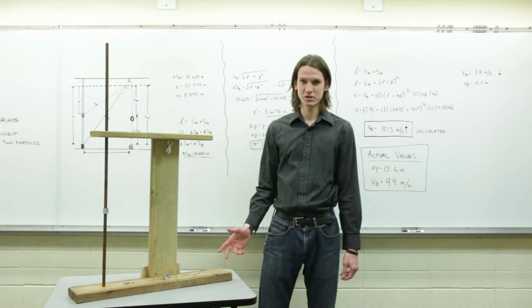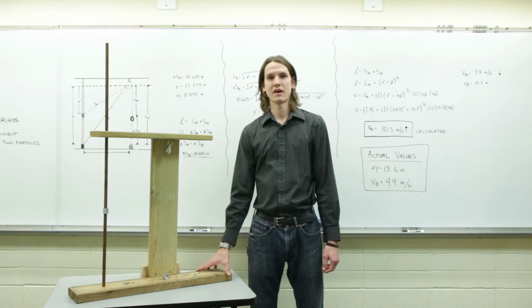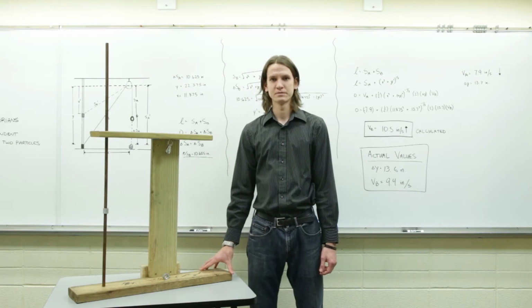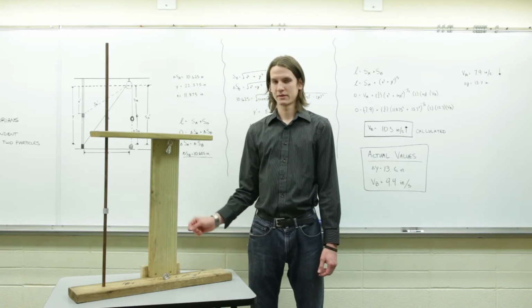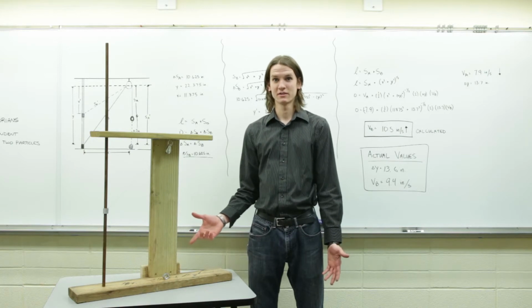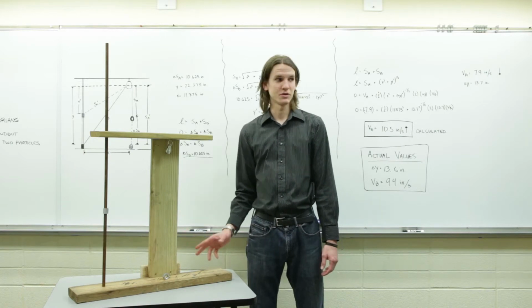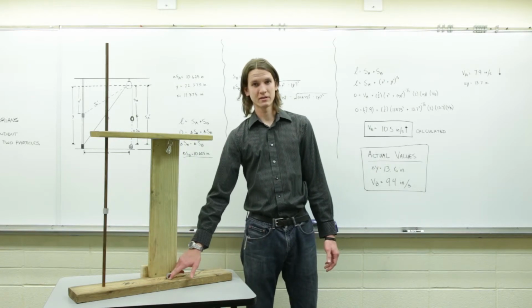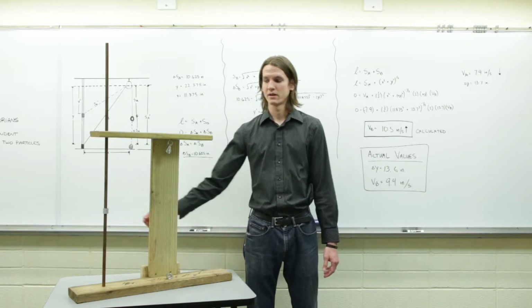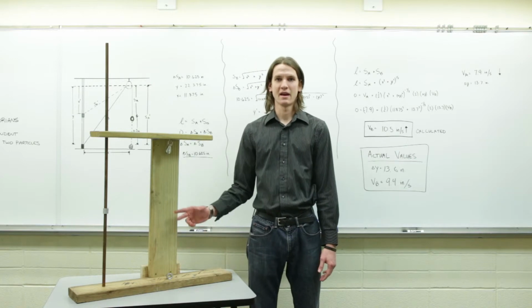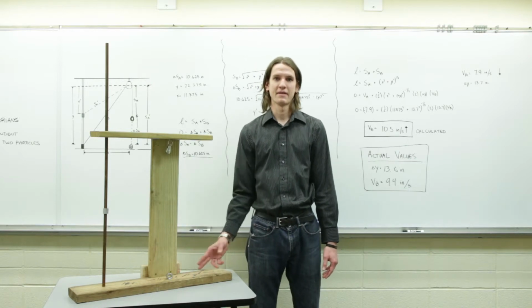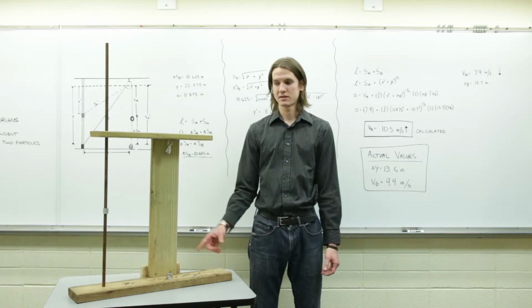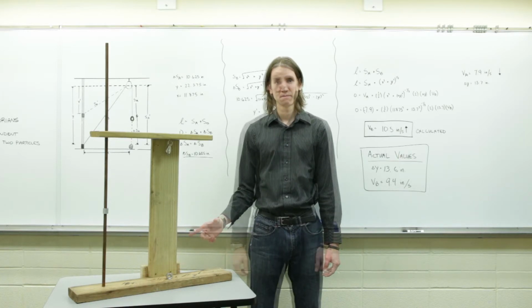To do this, we took the apparatus to the physics lab and used a motion detector to give us the velocity on the computer. We had the motion detector viewing the nut, and we released the sleeve and got the velocity of the nut, and with that we were able to calculate the velocity of the sleeve.